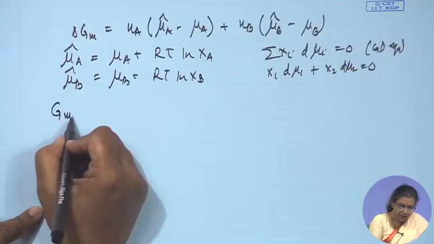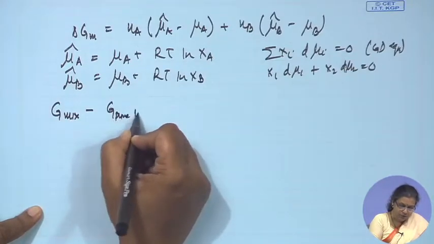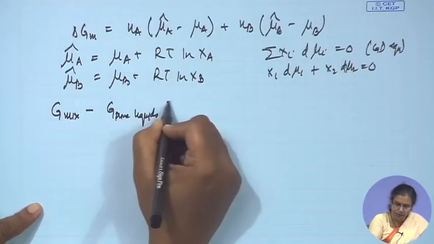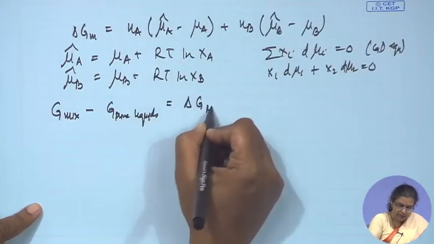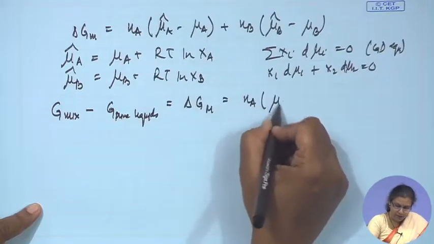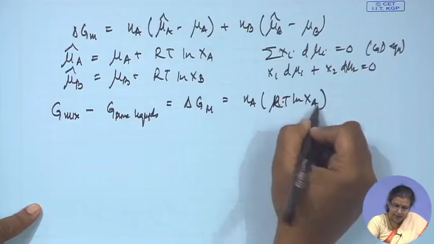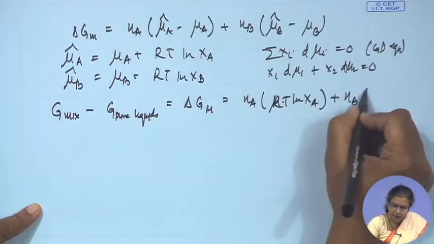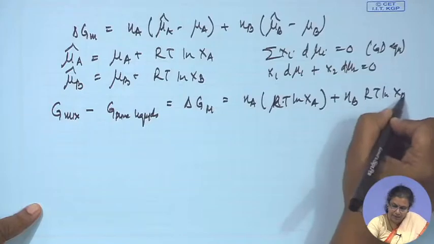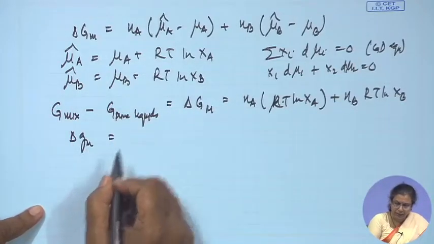So, from here what do we know? We know that G mix minus G of the pure liquids, which is delta G m, is nothing but N A RT ln x A plus N B RT ln x B. So, what is the molar Gibbs free energy change of mixing?